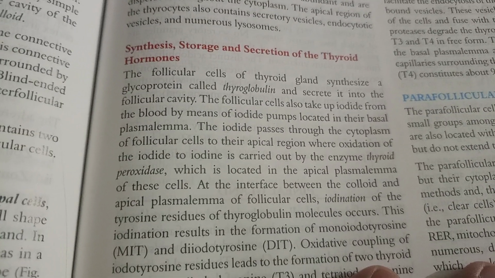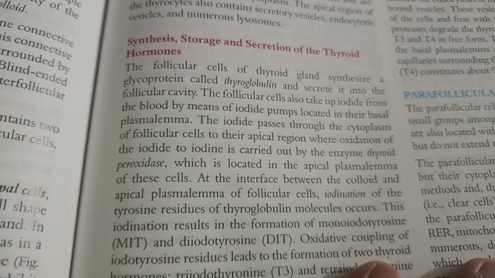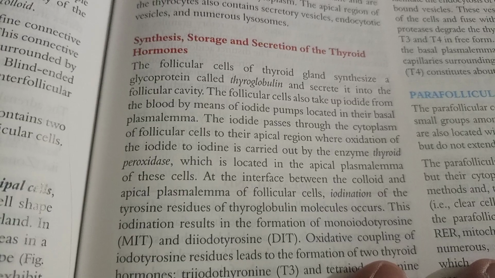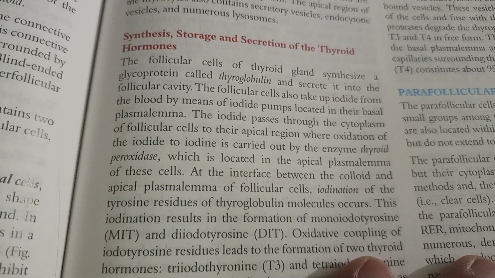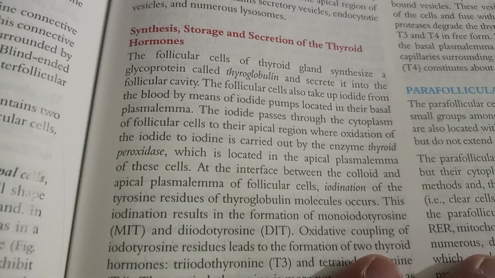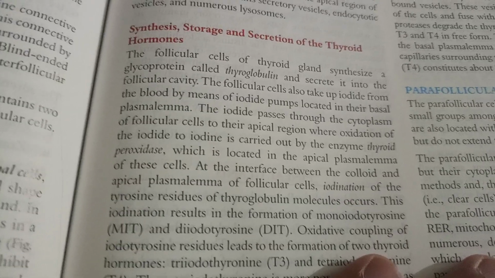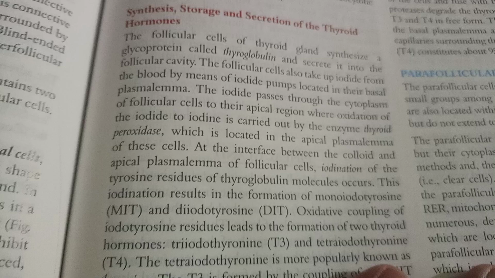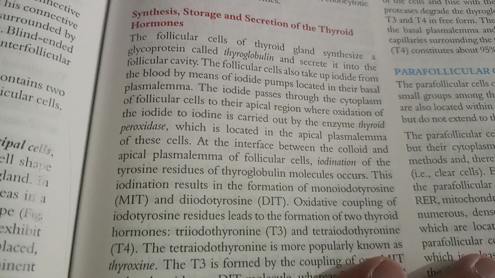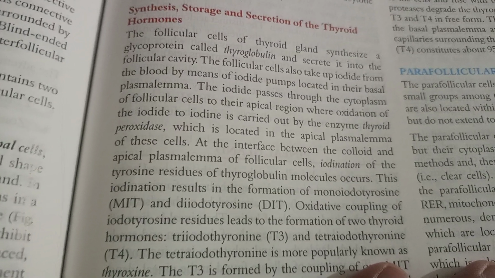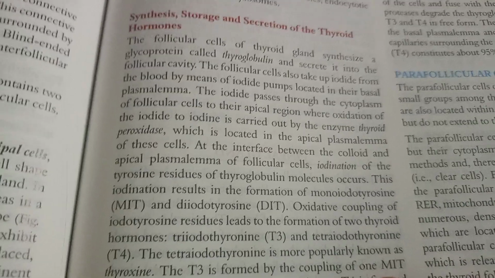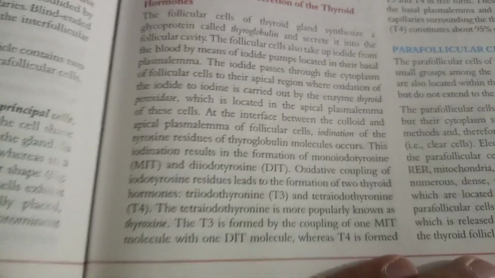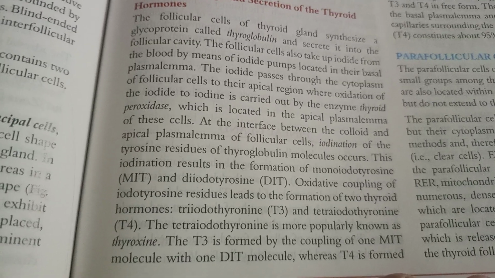At the interface between the colloid and the apical plasmalemma of the follicular cells, iodination of tyrosine residues of the thyroglobulin molecule occurs. This iodination results in formation of monoiodotyrosine (MIT) and diiodotyrosine (DIT). Oxidative coupling of the iodotyrosine residues leads to the formation of two thyroid hormones, triiodothyronine T3 and tetraiodothyronine T4. Tetraiodothyronine is most popularly known as thyroxine.